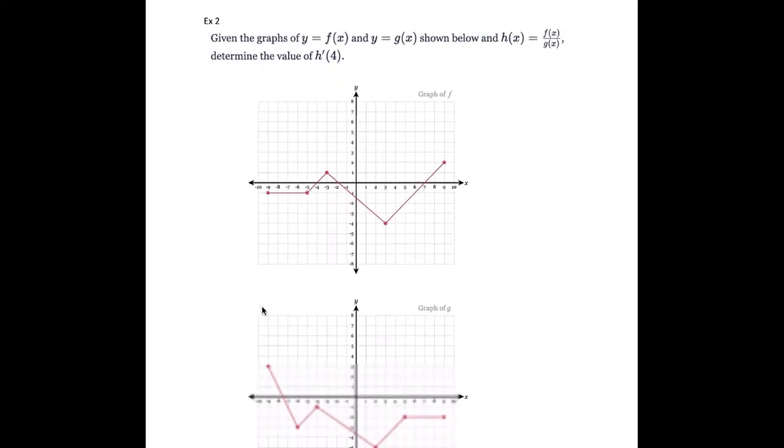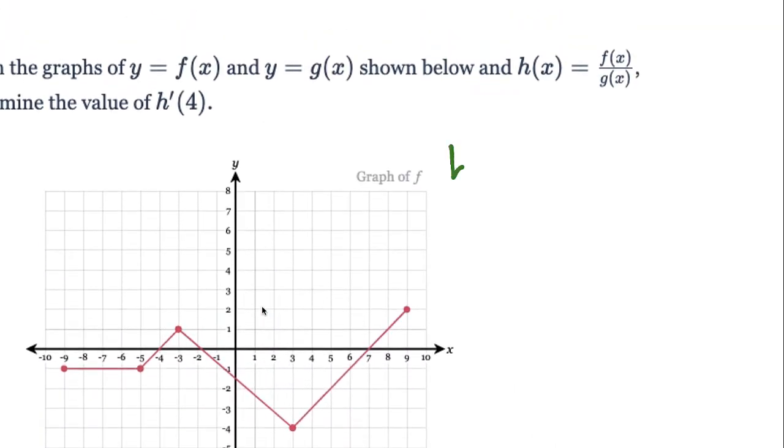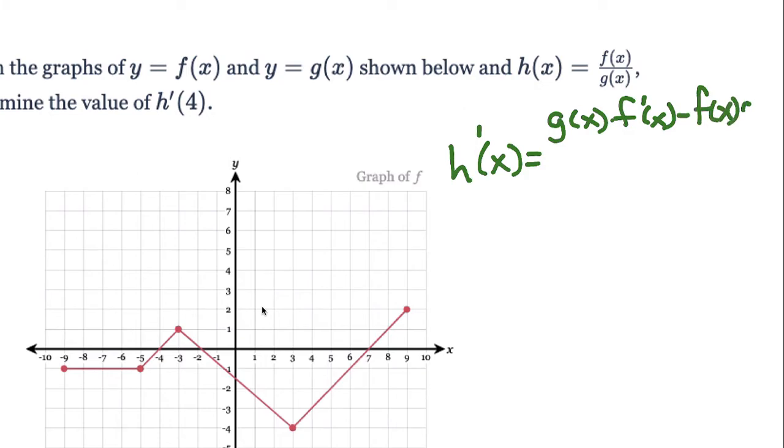This one comes with a couple of graphs. So the first thing I want to do is the quotient rule over here on h of x. If I'm going to do the quotient rule on here, h prime of x is equal to the bottom function times the derivative of the top function, minus the top function times the derivative of the bottom function, all over the bottom function squared.